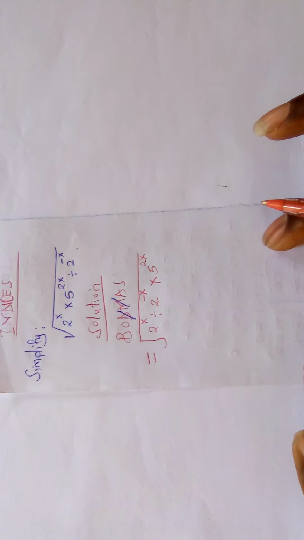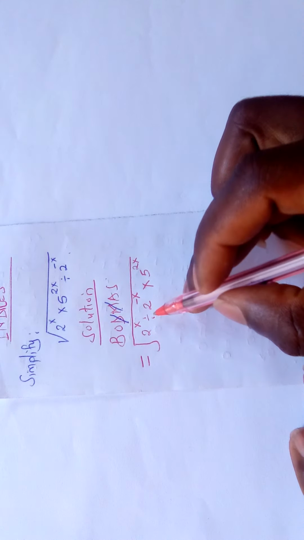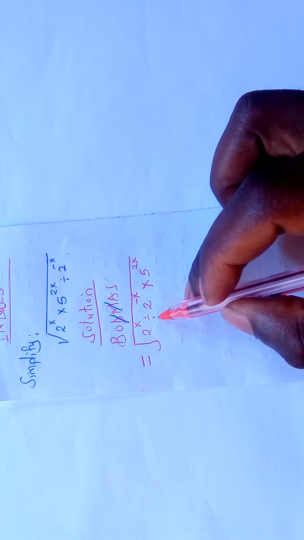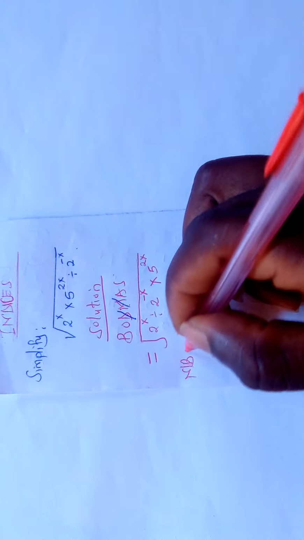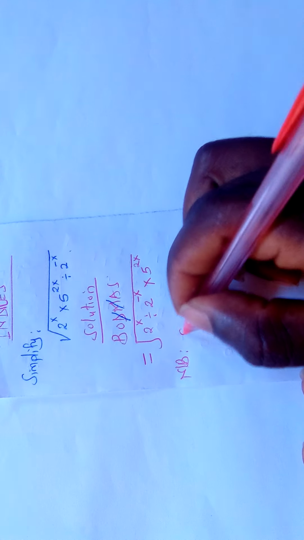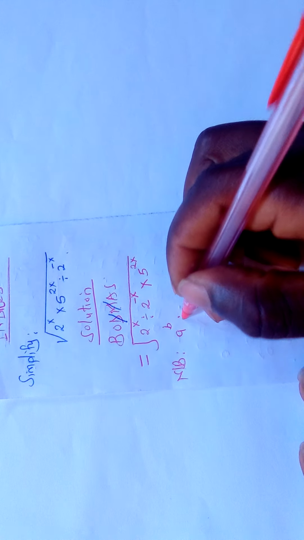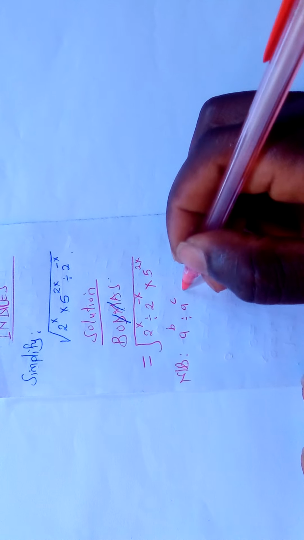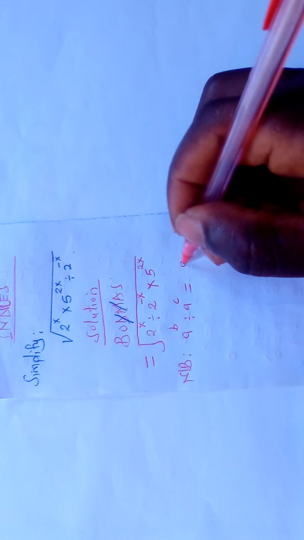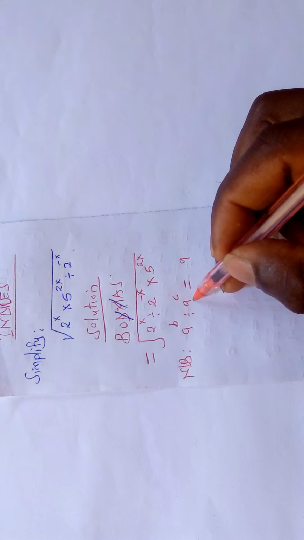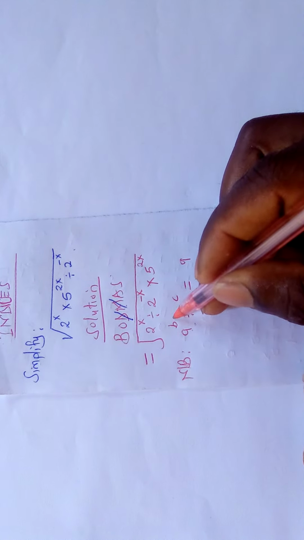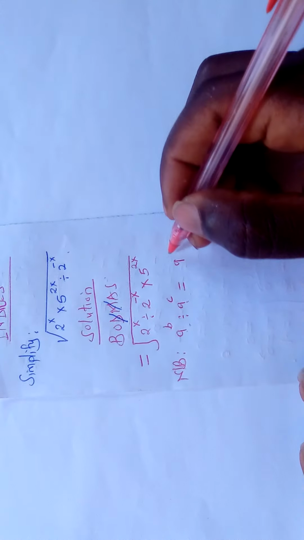Now after that, there's a law of indices, NB, that states that when you have a raised to b divided by a raised to c, you take one a, and since the sign separating the bases is a division, you subtract the powers.